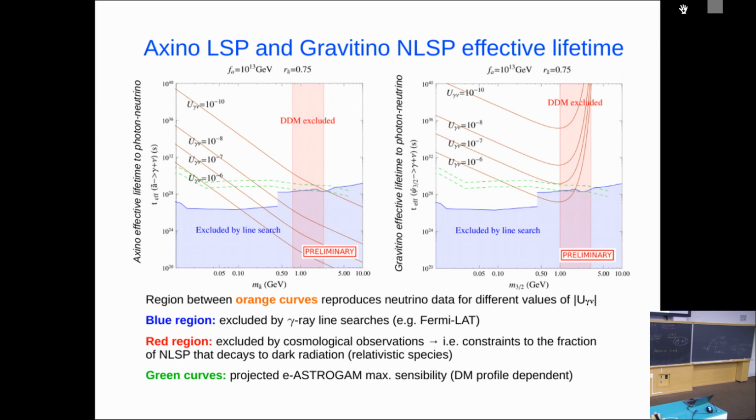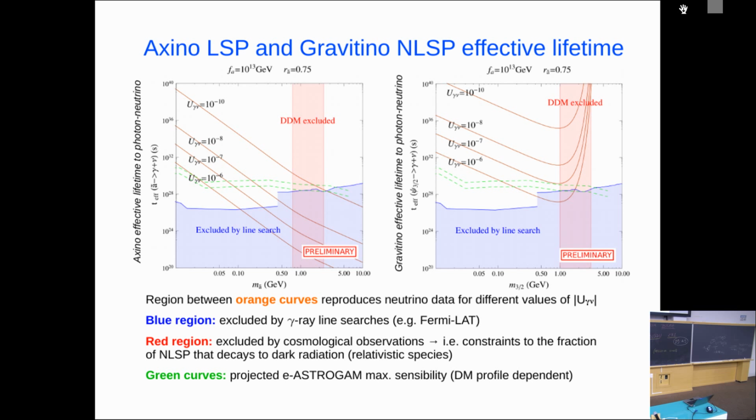Then, again with the axino LSP, this is the lifetime, and these curves depend on which mixing between the photon, the photino and neutrino you are using, but these are the reasonable values, okay? Remember that you need the square of this.